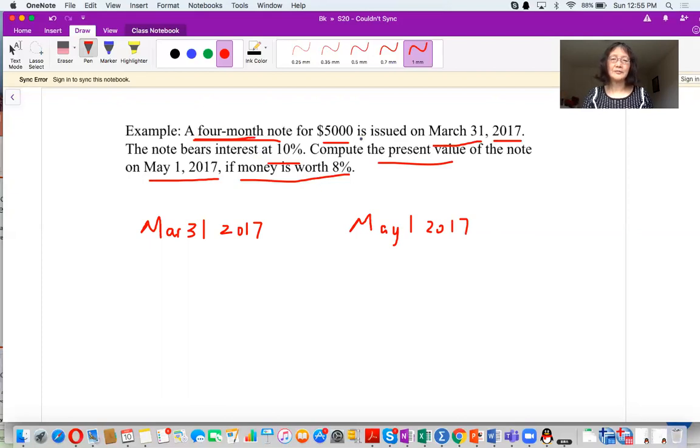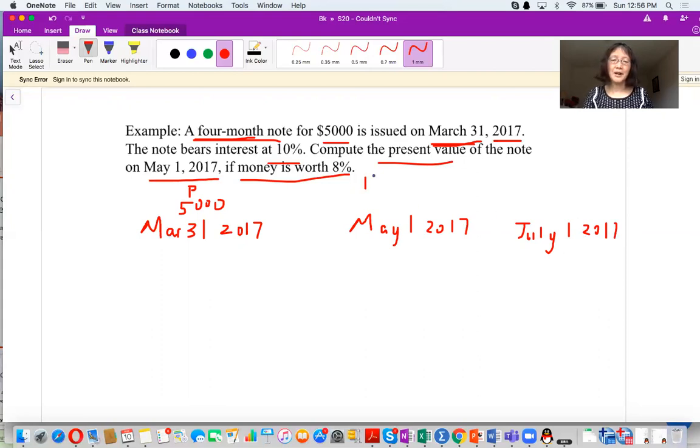So if today is March 31st, 4 months later, it is July 1st, 2017. And the present value P is 5,000. So how many days from March 31st to July 1st, 2017?